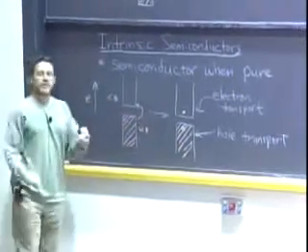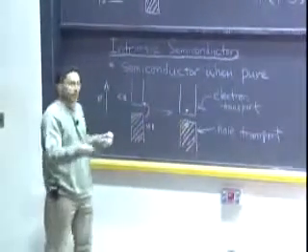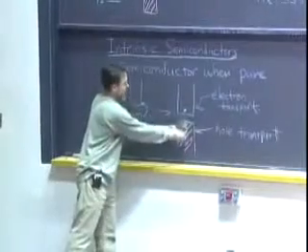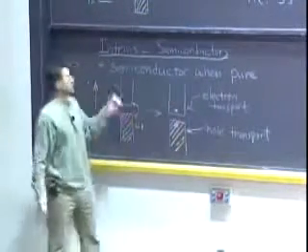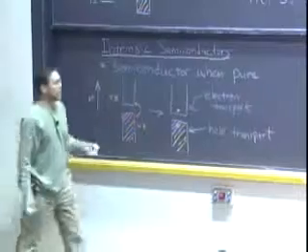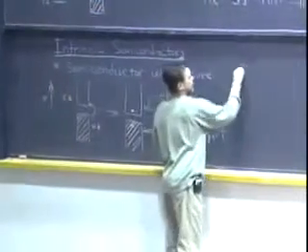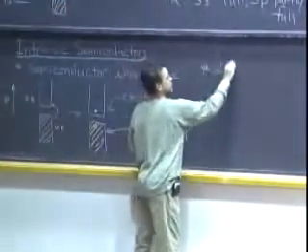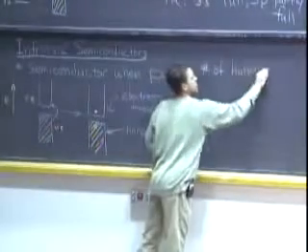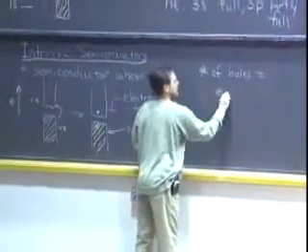Okay, so you can have conductivity occurring freely both in the valence band and in the conduction band for an intrinsic semiconductor of this type, where the number of holes is equal to the number of electrons.